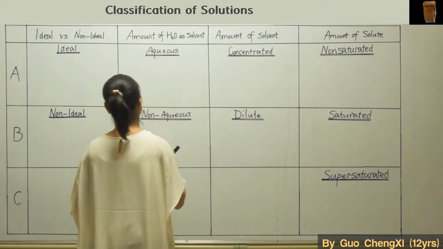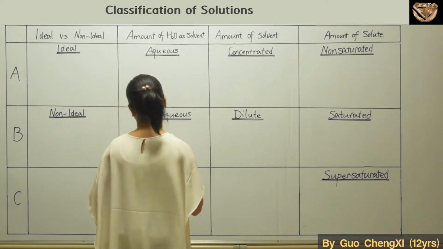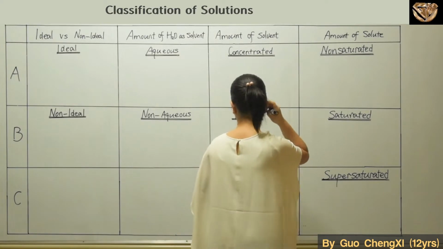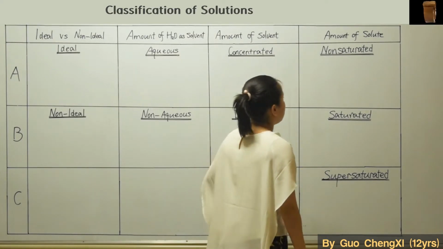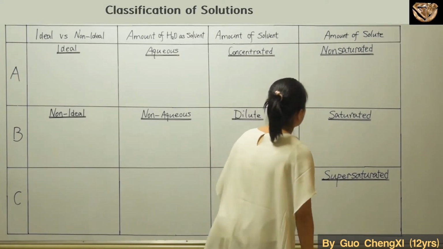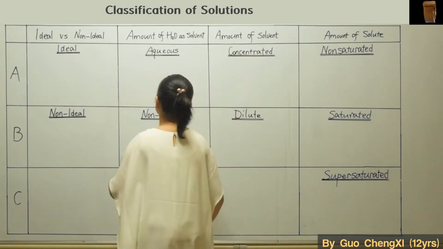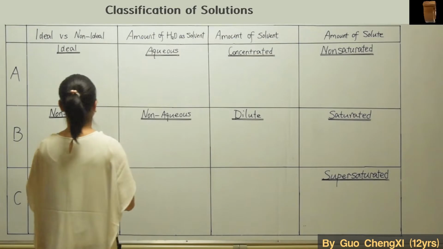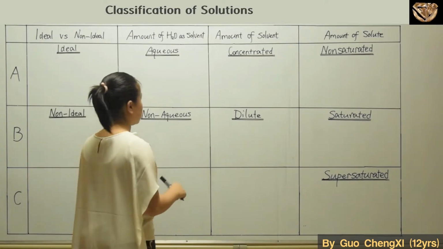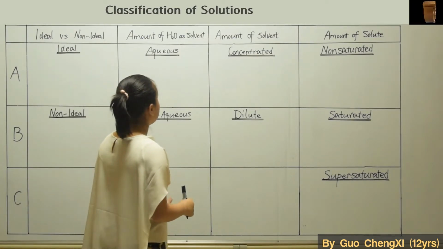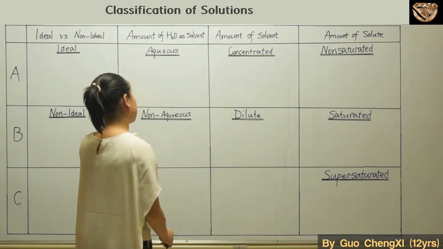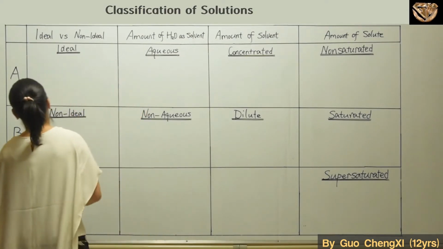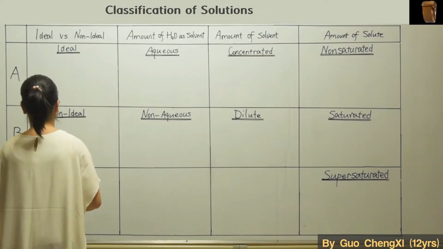The second one is whether H2O is the solvent. The third one is to see how much solvent there is. And the last one is the amount of solute. So when we are considering each condition, we aren't going to consider the others, okay? It's like how the amount of solvent affects concentration and dilution and so on. So let's start with the first one, ideal.